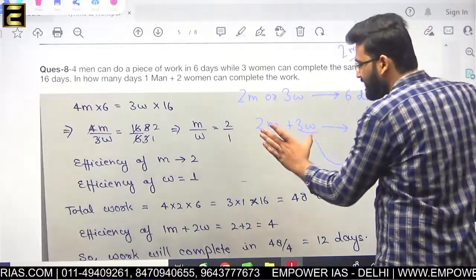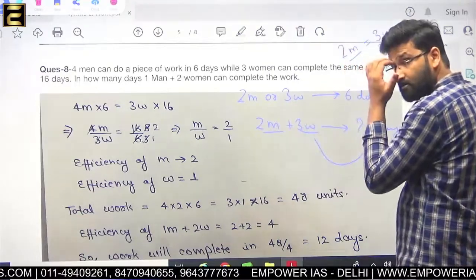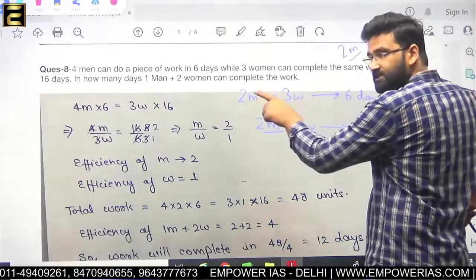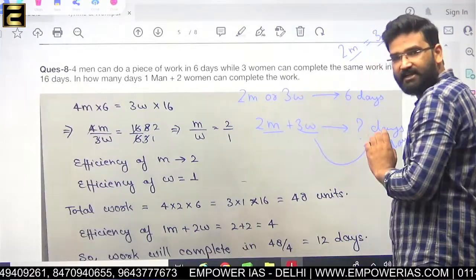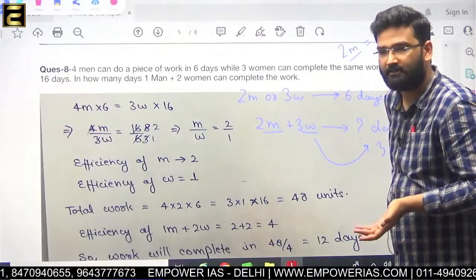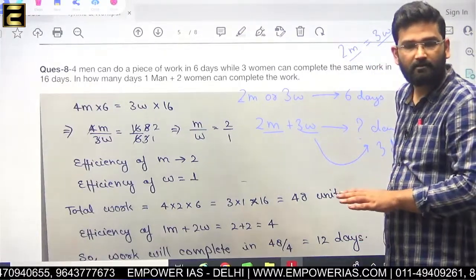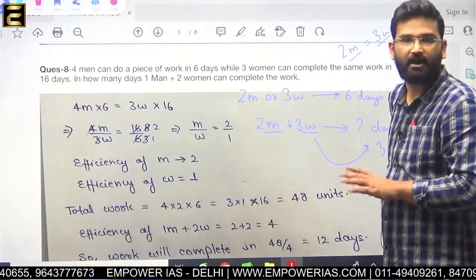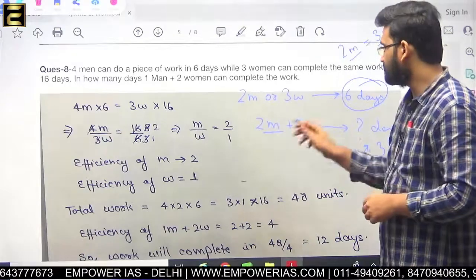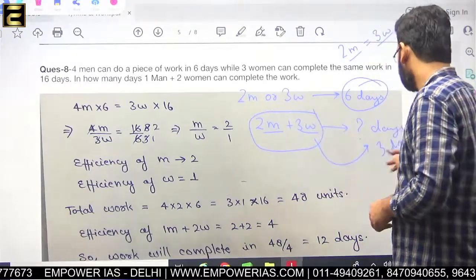It means that the efficiency of this group is double the efficiency of these 2. Are you understanding? So if efficiency gets doubled, then time will become half. So they are completing the work in 6 days, so this group will complete the work in 3 days.